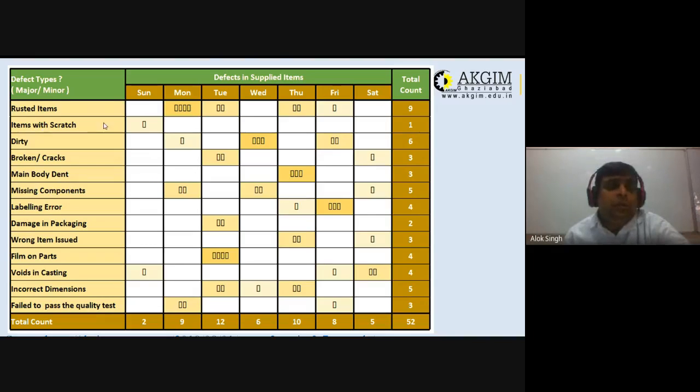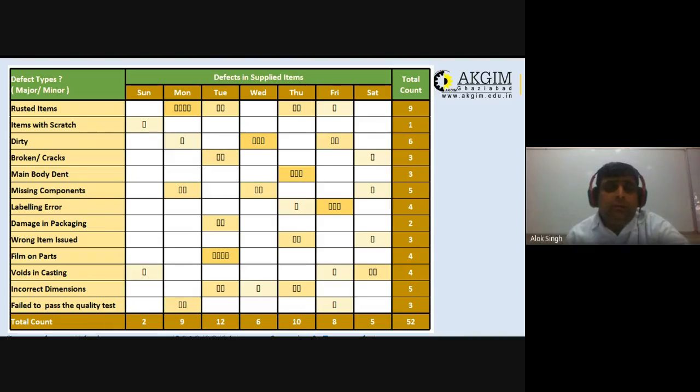Okay. Next, items with scratch: you have found that on Sunday you got one item with scratch from your supplier. Dirty item: you got one dirty item on Monday, 3 on Wednesday, and 2 on Friday. So you can maintain a check sheet. And you can also see the total number of defects: 2 on Sunday, 9 on Monday, 12 on Tuesday.